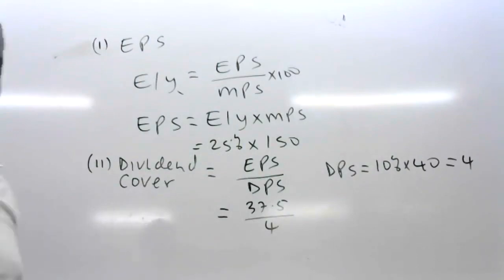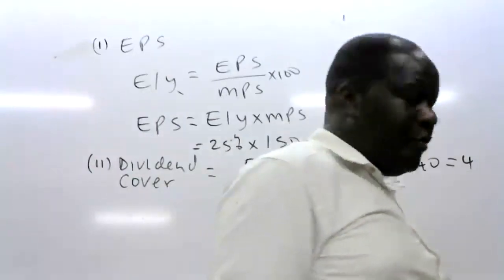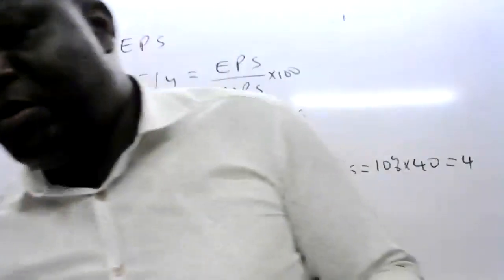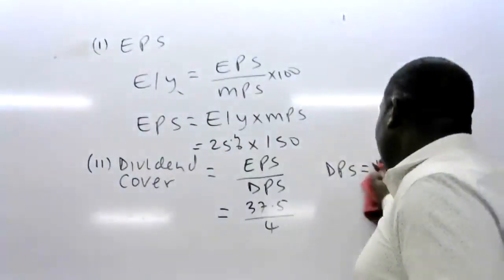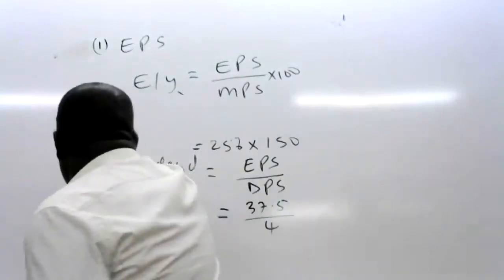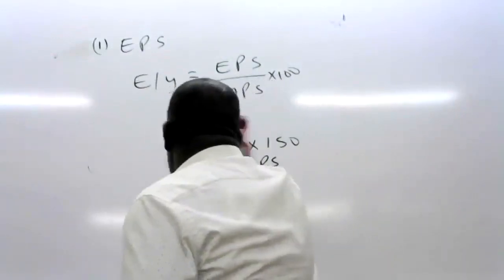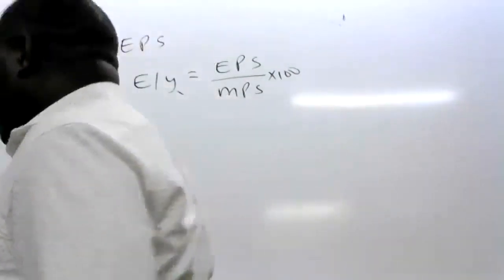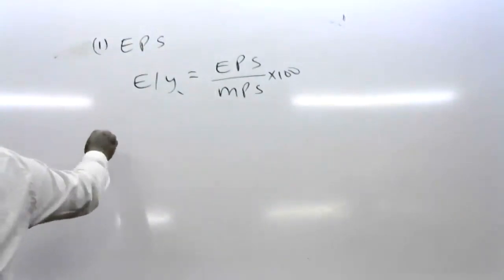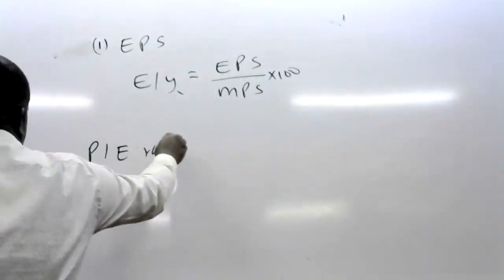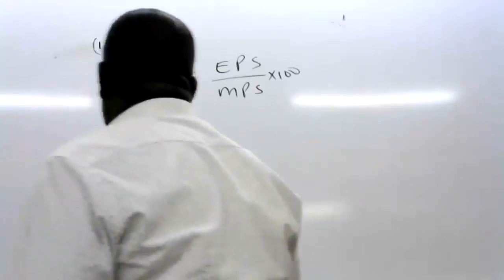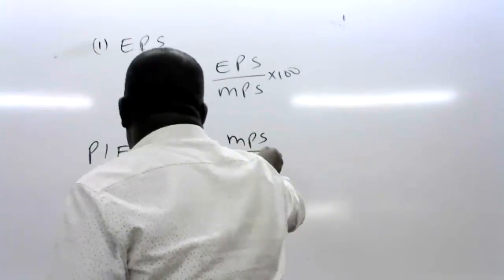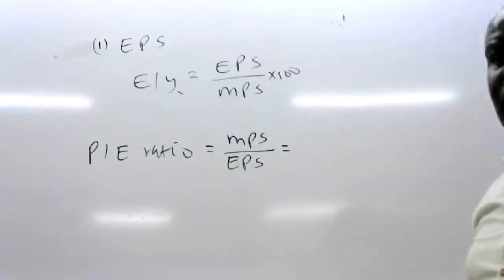Then after that, we should now also compute Roman letter 3, the price earning ratio. The price earning ratio is supposed to be given by market price per share divided by the earnings per share.